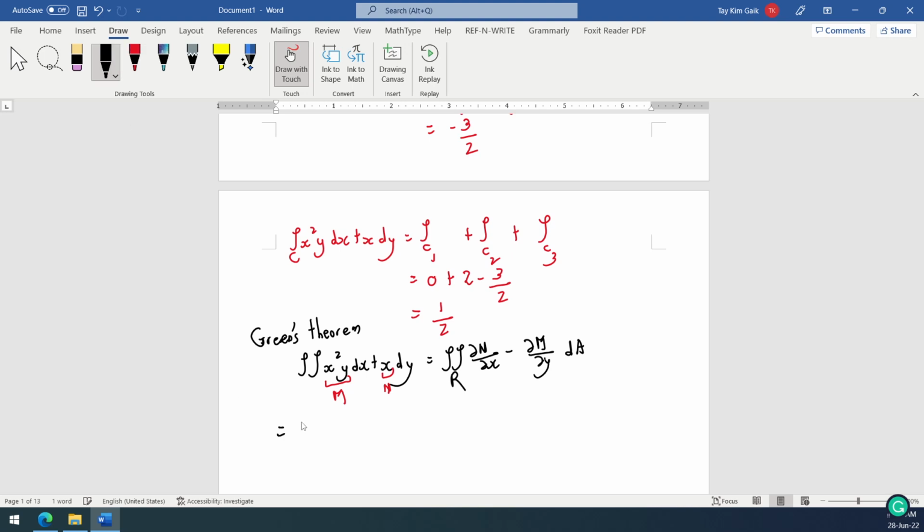So you take del x of the coefficient of dy, which is labeled as n, minus del y of the coefficient of dx, which is labeled as m, which is x squared y, dA.